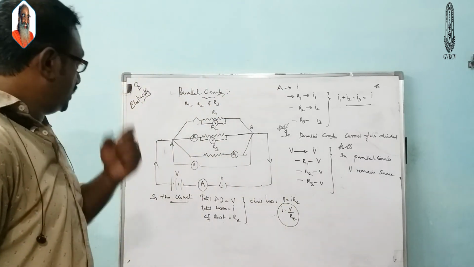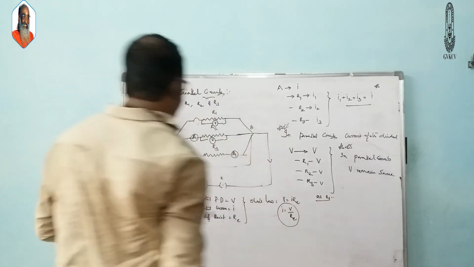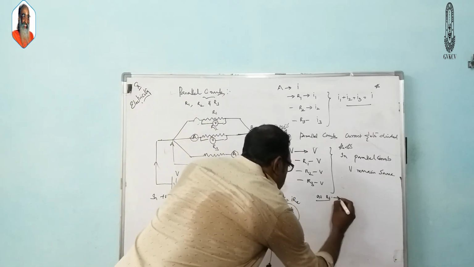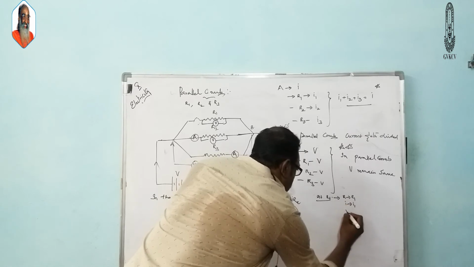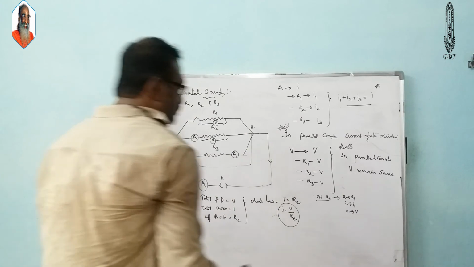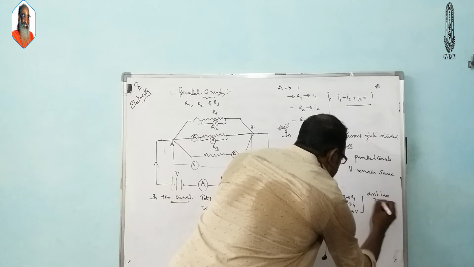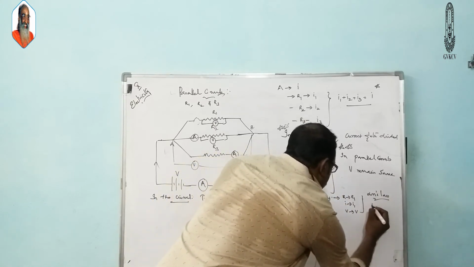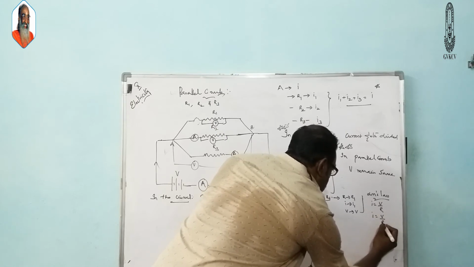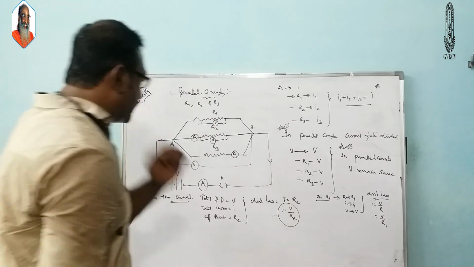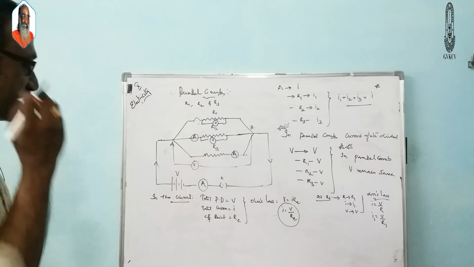Keeping in mind that the current got divided, now at R1, what is the resistance? The resistance is R1, the current is I1, and the potential difference is V itself. Applying Ohm's law, I is equal to V by R, so here I1 is equal to V by R1.